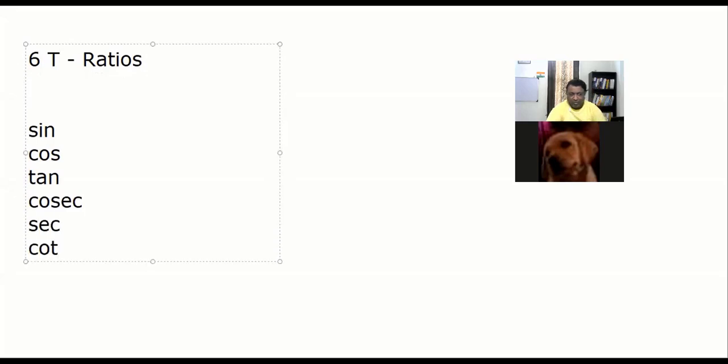These all of you know. Now, how they are related to each other is very important. Obviously, there should be some reason. The first thing we found out is sine and cosec are reciprocal, cos and sec are reciprocal, and tan and cot are reciprocal. We already know about perpendicular, base, hypotenuse, what each ratio means in the triangle.